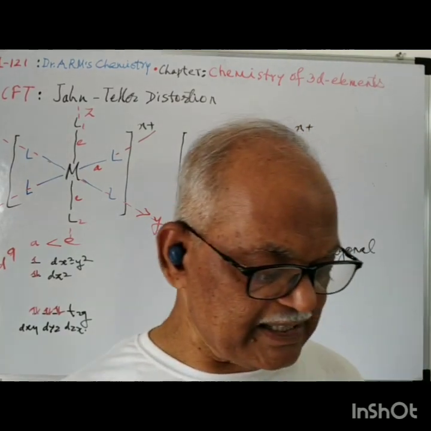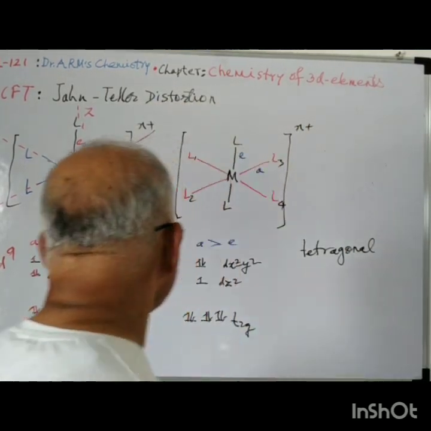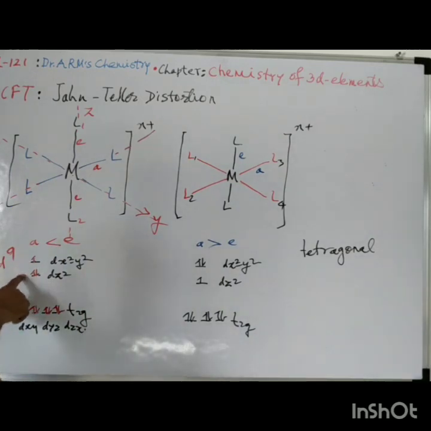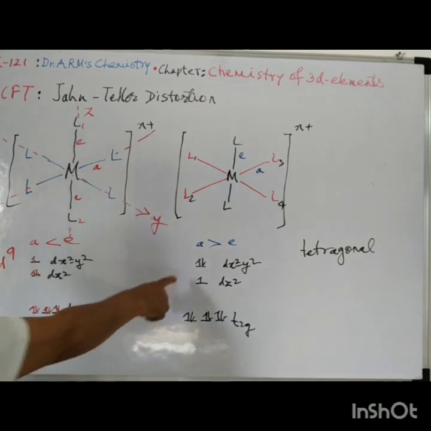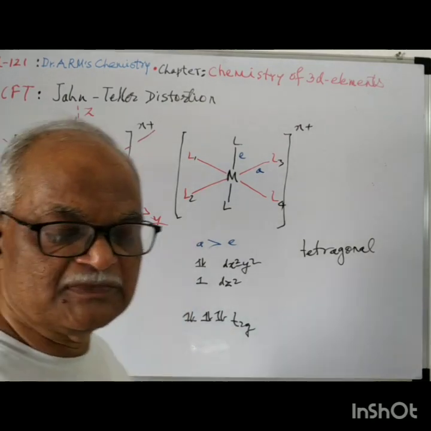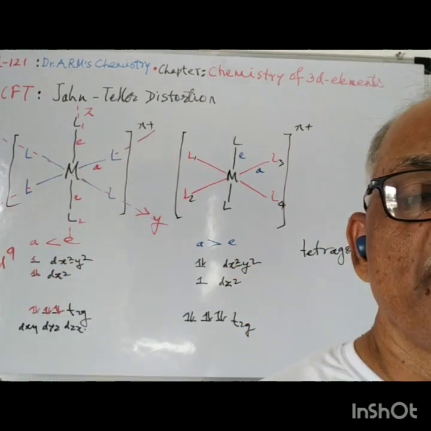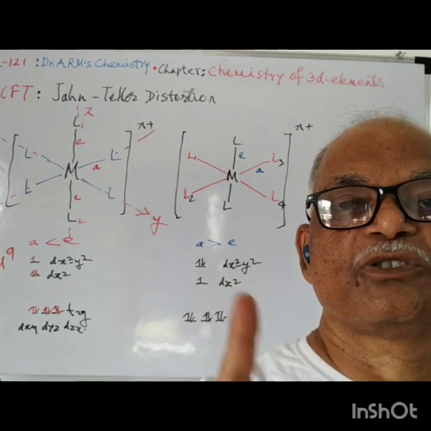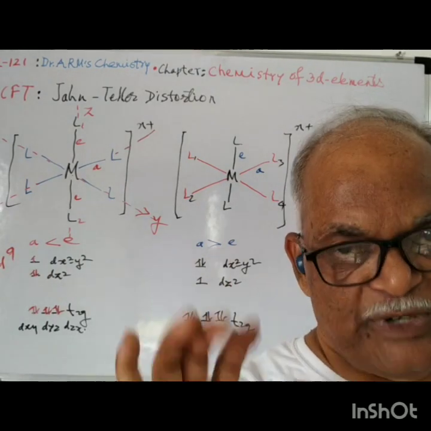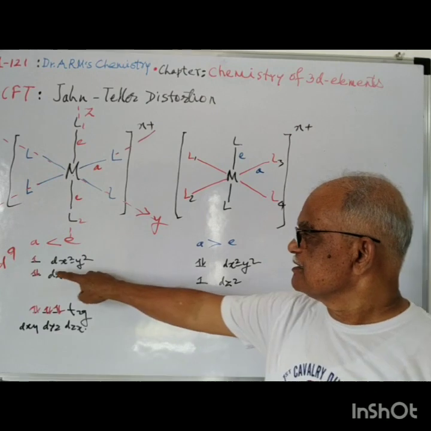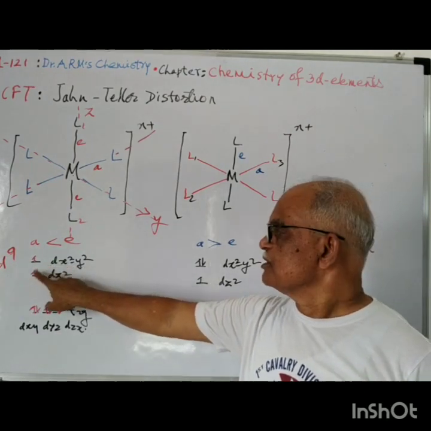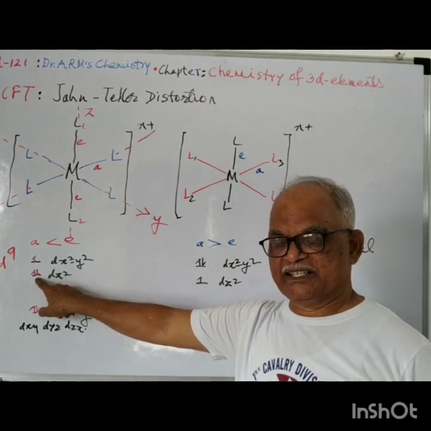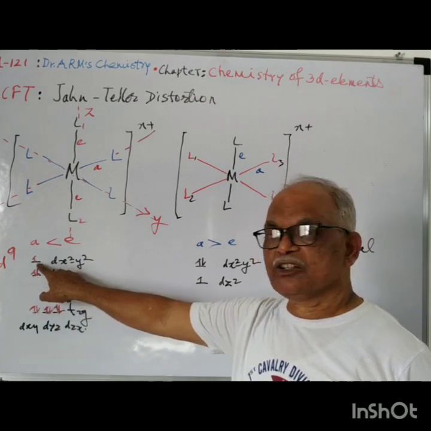This observed tetragonal means degeneracy. Here you will find that the degeneracy of these 2 orbitals is split. Here it is also splitting. So this splitting is observed only when the electrons are unequally distributed. In this case there are 3 electrons, so 2 electrons are present in one orbital, one in the other.